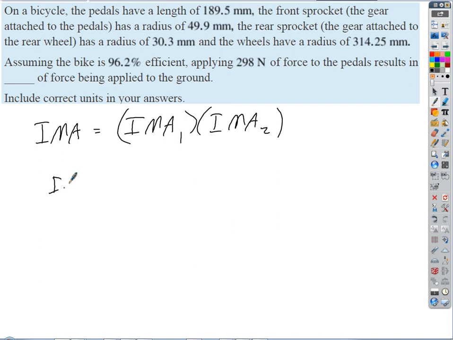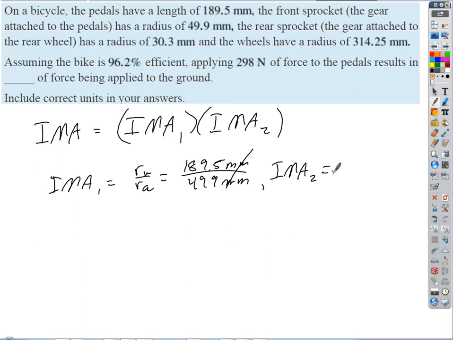So IMA 1 equals the radius of the wheel divided by the radius of the axle, which is 189.5 millimeters over 49.9 millimeters. Do I need to convert the units? No, because they're the same units. I could, but I'm gonna get the same answer, right? So they're gonna cancel. Okay, so then that's IMA 1.